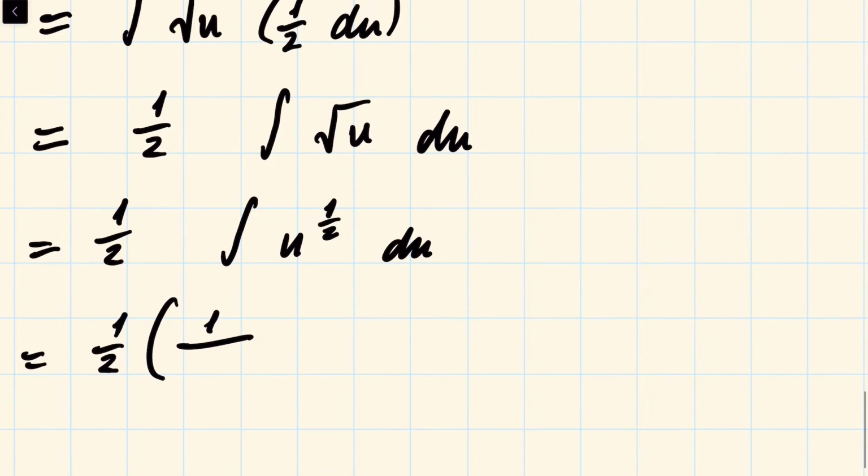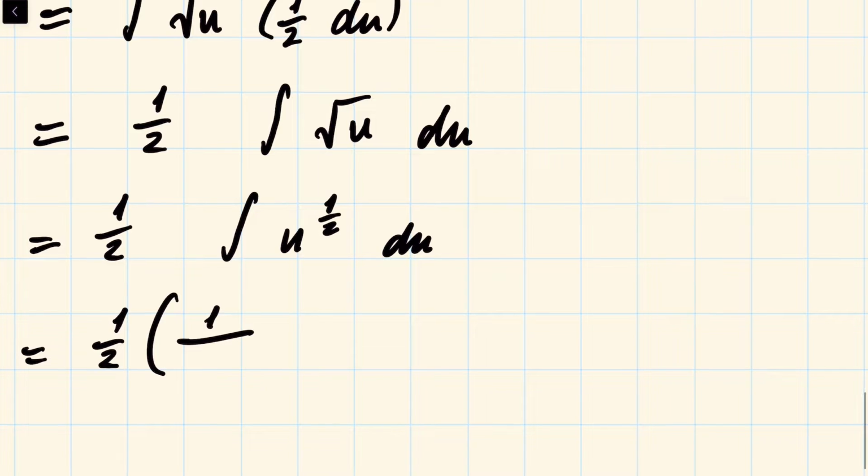1 over 2 plus 1, which is 3 over 2. So we're going to have 1 over 3 over 2, but instead of saying that, we can just say 2 over 3. That's just the reciprocal, you're just inverting it.